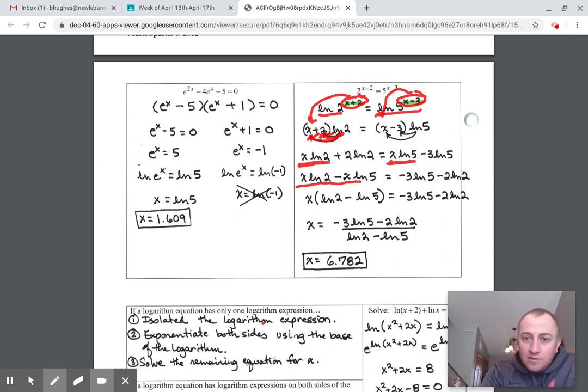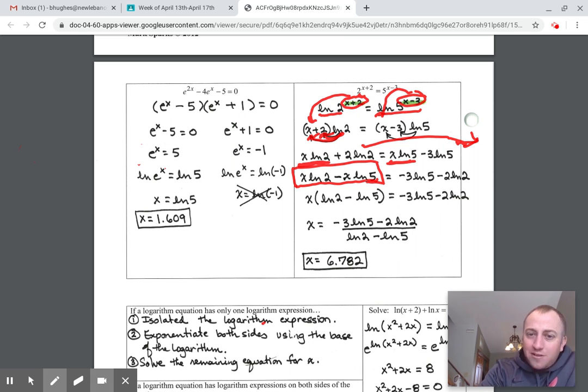That would give you this. But I would also have the 2 natural log of 2 that's left on that left-hand side. So they went ahead and took this and moved it to the other side as well by subtracting 2 natural log of 2. So if I look here, I have 2 terms that have an x.